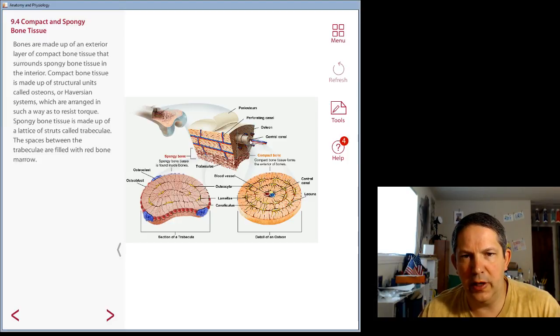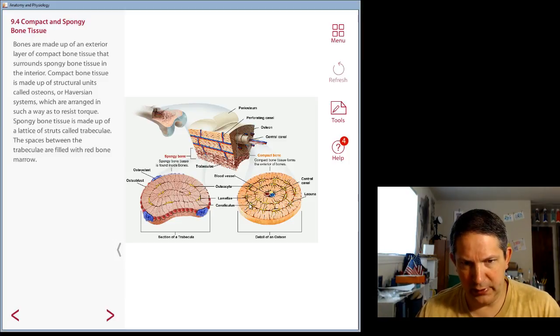But there's a central canal, and inside that central canal are blood vessels. And so here's the central canal. And then you have little tiny passageways, little canals going out.